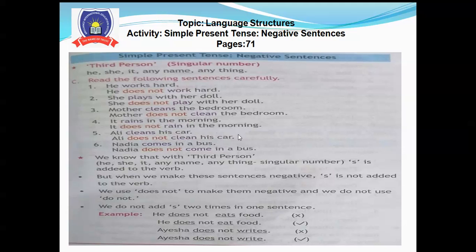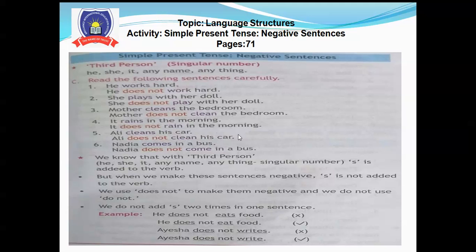Mother doesn't clean the bedroom. It rains in the morning. It doesn't rain in the morning. Ali cleans his car. Ali doesn't clean his car. Nadia comes in a bus. Nadia doesn't come in a bus.